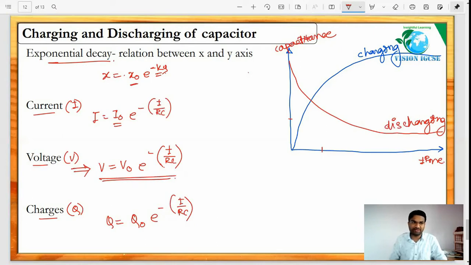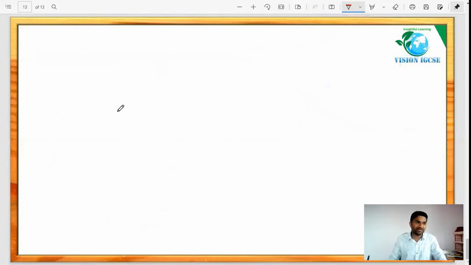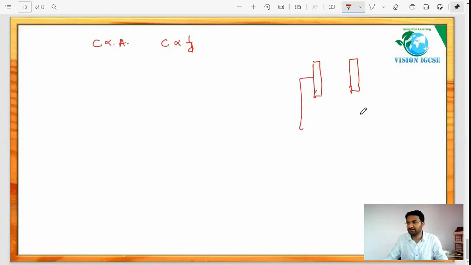Then at the end we have another formula, which is that capacitance C is directly proportional to area, and capacitance is also inversely proportional to the distance between the two plates. So let's say these are two plates, connected in the circuit, right?